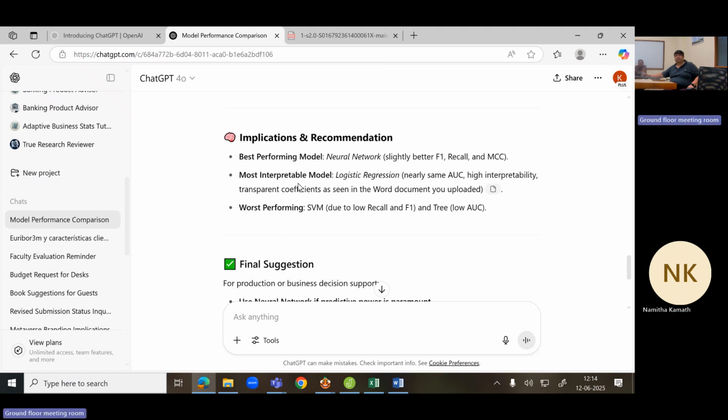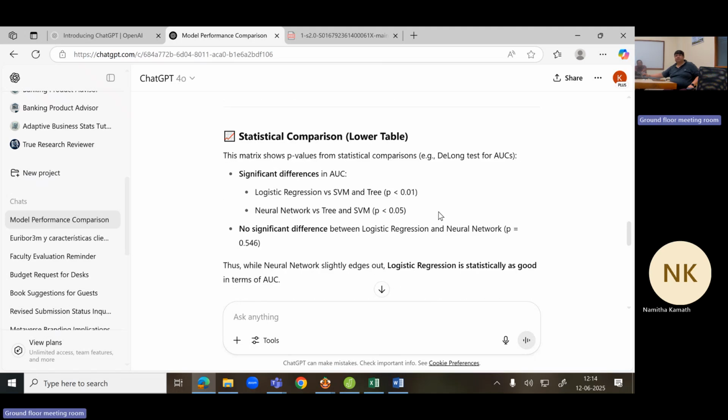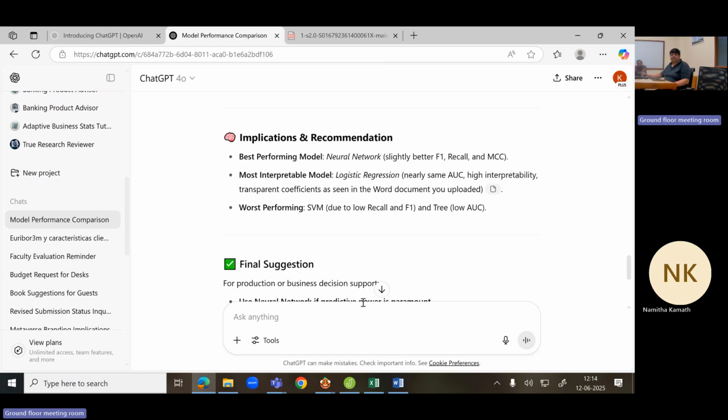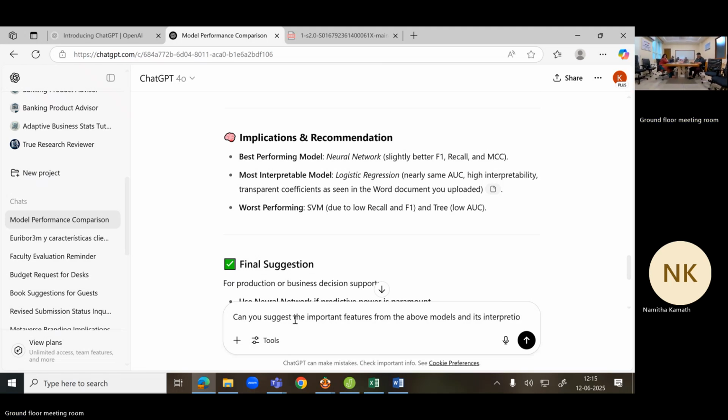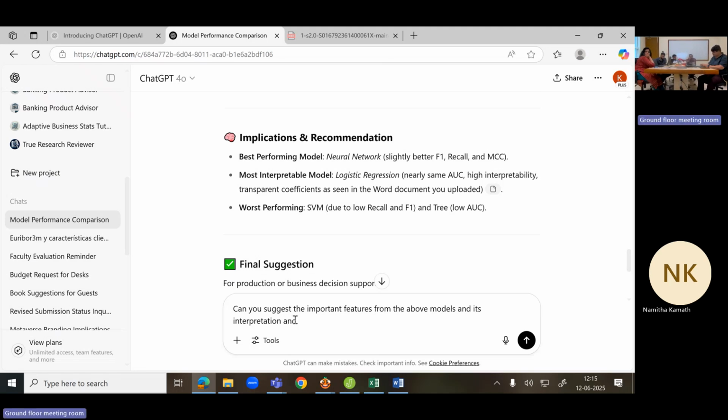Now it's saying the most interpretable model is the logistic regression. And if you want to know more about the variables, suggest the important features from the models and their interpretation and implications.